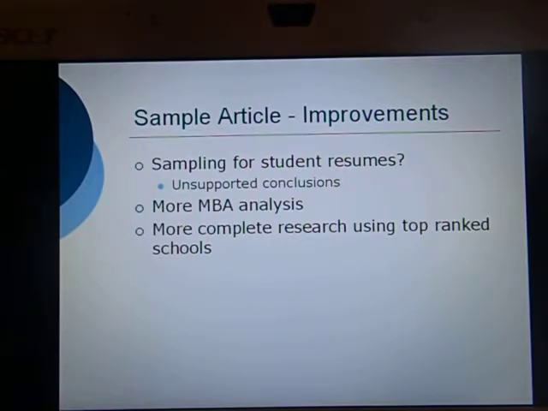And lastly, in their literature review, they state that various publications give annual rankings of business schools, but they only analyzed schools that were close to them. So I think this research would have been more complete if they looked at the results of those annual reviews and pulled top-ranking schools and analyzed them. So I think there are definitely some improvements that could be made, maybe not necessarily for them to do, but something future analysts can do on this same topic.